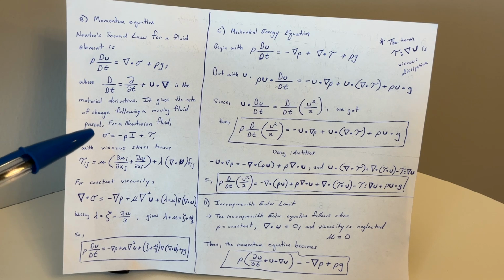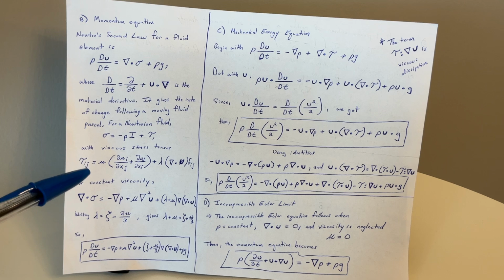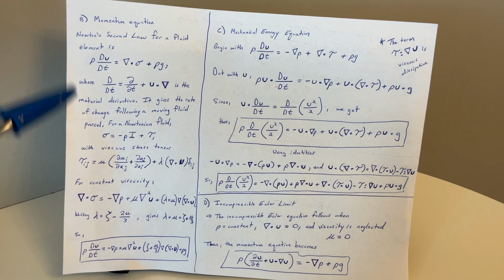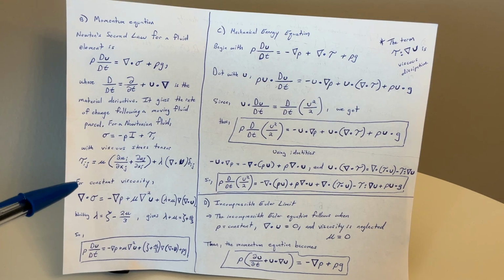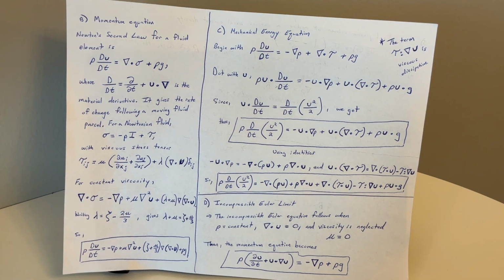Okay, for a Newtonian fluid, we have sigma equals this equation here with the viscous stress tensor given here, tau sub ij. So these are our textbook equations. For constant viscosity, we could say del dot sigma equals the following here. Some of this I'm not going to read out, just to make this faster. And we have lambda equals the bulk viscosity zeta minus 2 mu over 3.